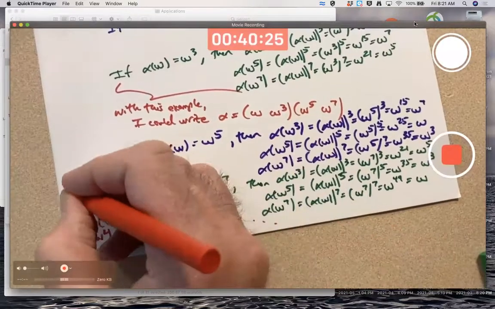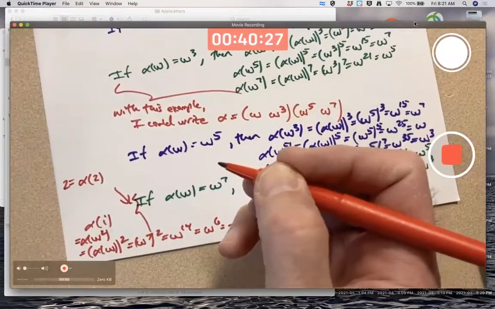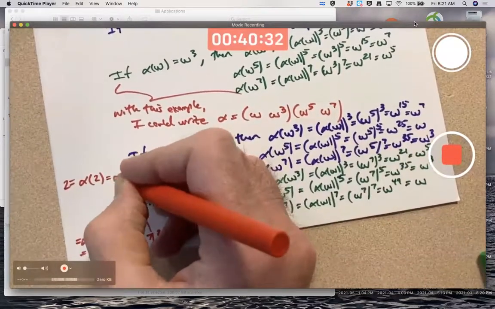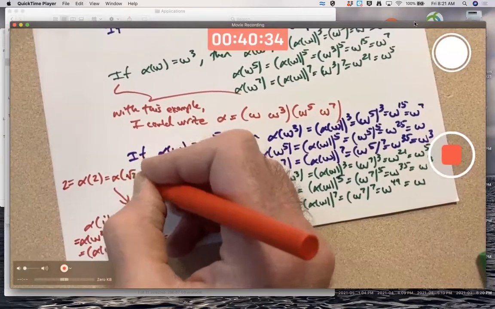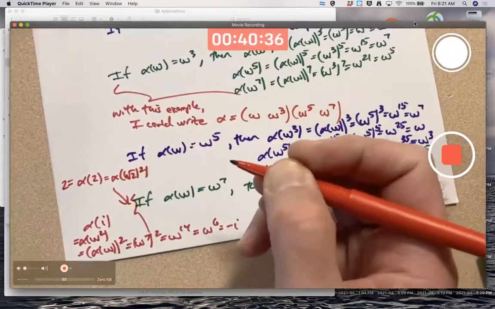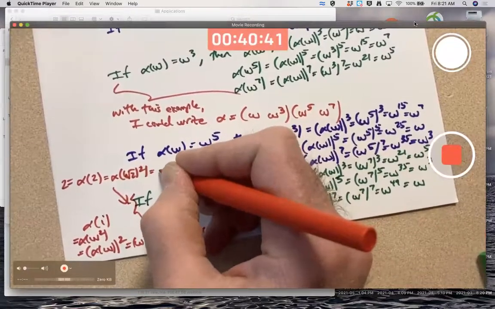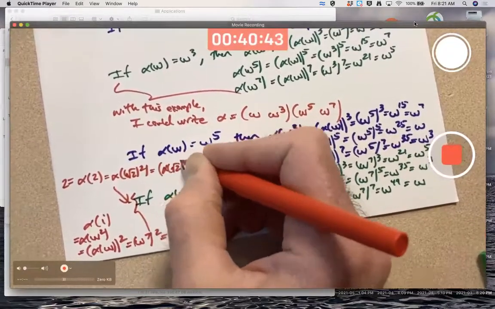Well, 2 gets mapped to itself because it's rational. 2 is also the same as square root of 2 squared. Well, alpha's operation preserving. This will be alpha of square root of 2 squared.